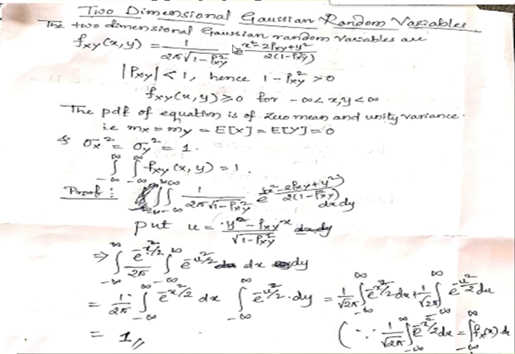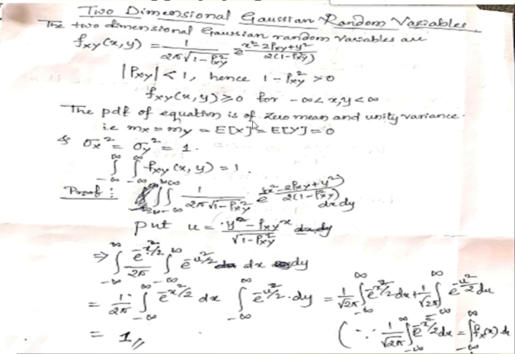So e raised to minus of (x² − 2ρ_XY xy + y²) divided by 2 into (1 − ρ_XY²), where the magnitude of ρ_XY is less than 1, hence 1 − ρ_XY² is greater than or equal to 0.